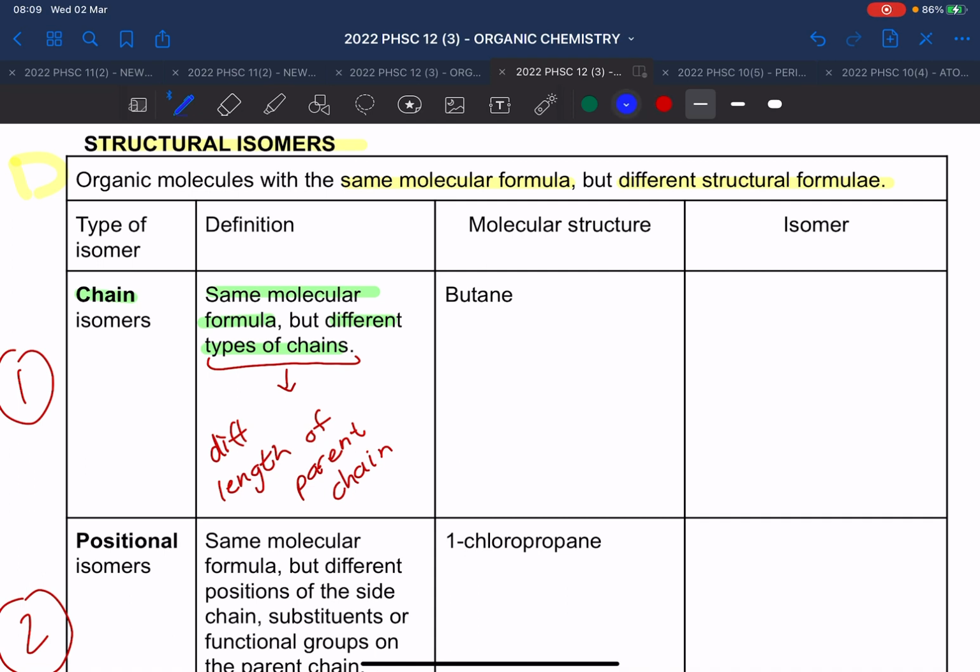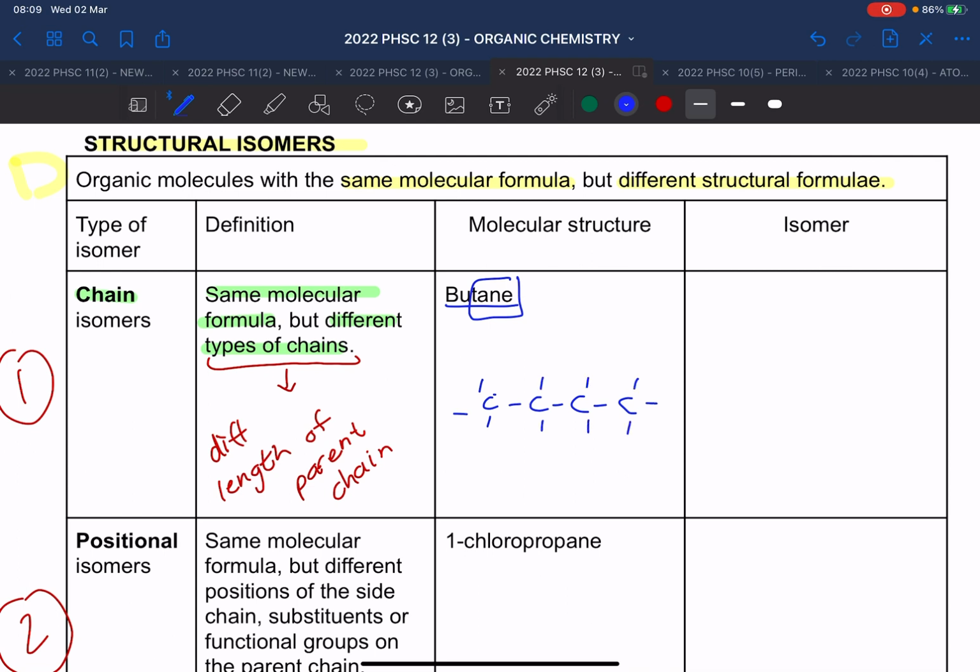All right, so let's quickly look at an example. Here we have butane. But means 4. 1, 2, 3, 4. Because you see the ane part, there are only single bonds, so the rest are all hydrogens.